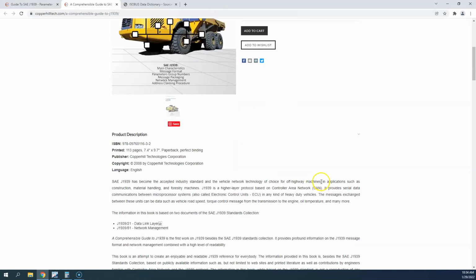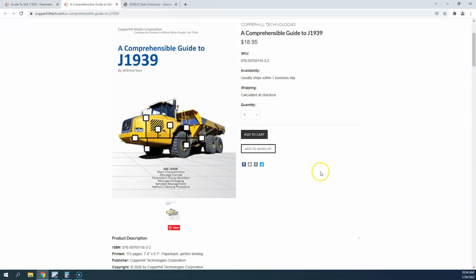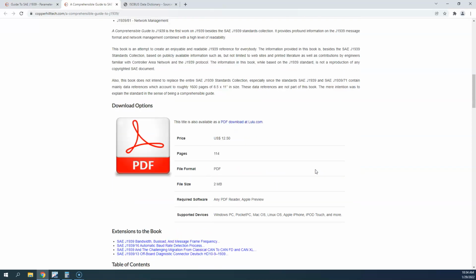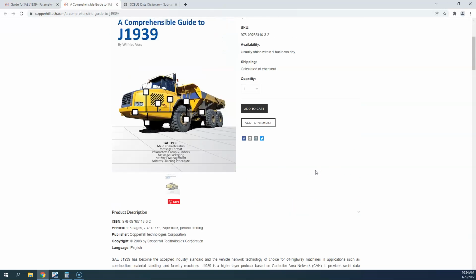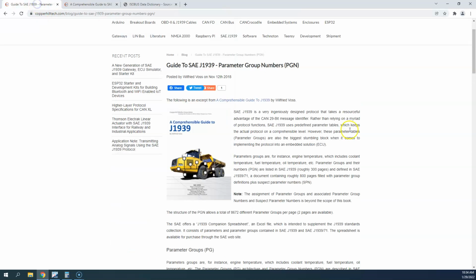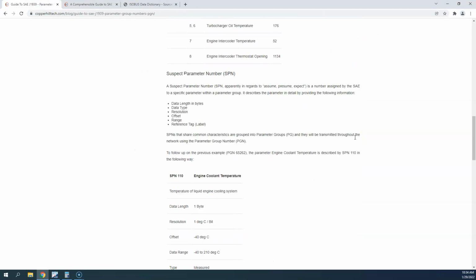This author does a fantastic job with this book. He has written another one on CAN, which I would recommend to go with this. Once again, it's not going to give you a lot of the database information. He had one example which he placed in here. Other than that, it's going to help you a little more with some of the theory.